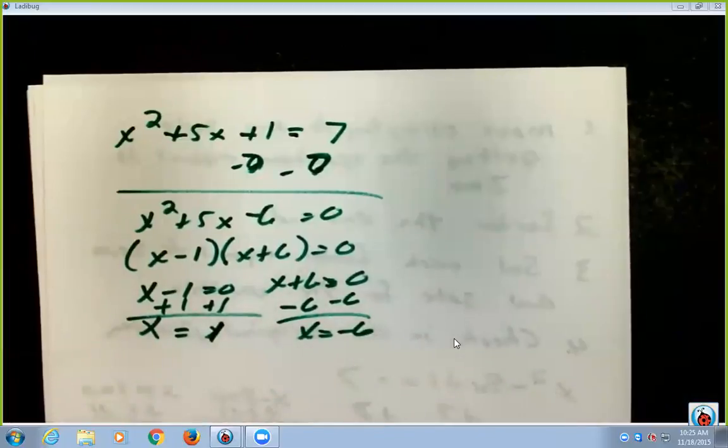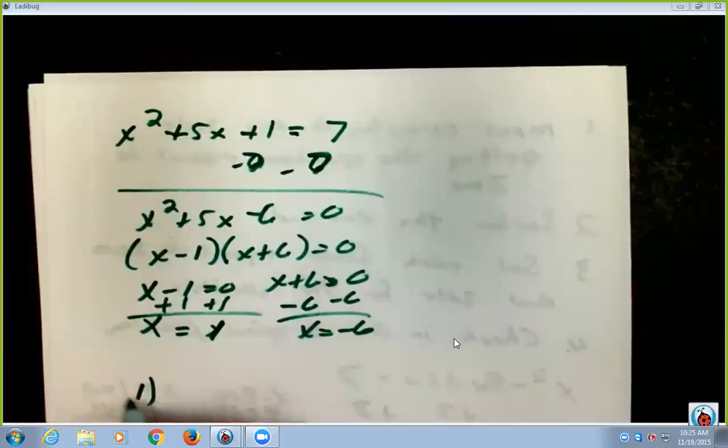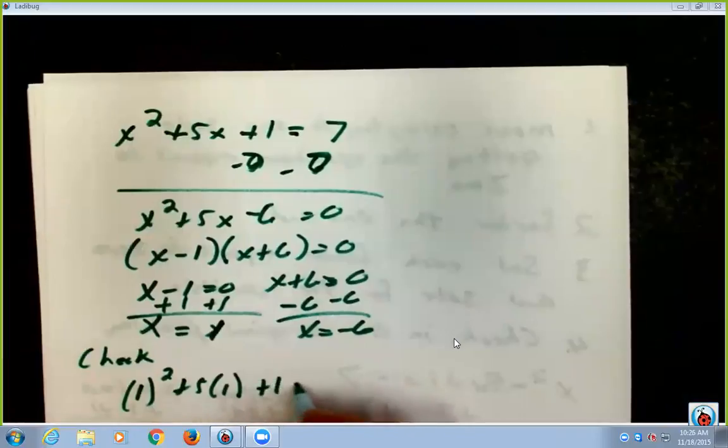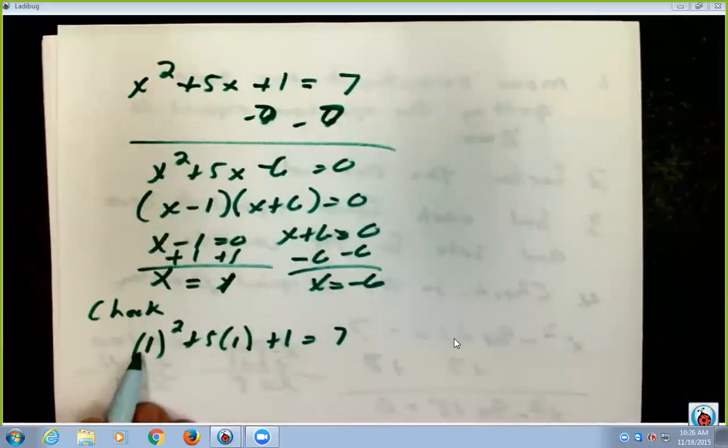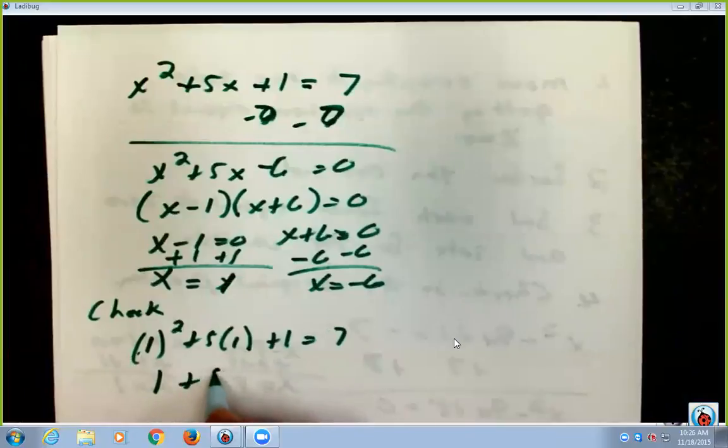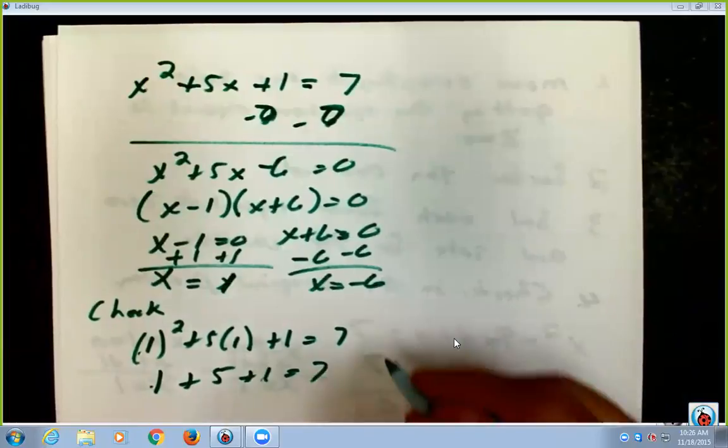And does it work? So 1 squared plus 5 times 1 plus 1, does it equal 7? 1 squared is 1. 5 times 1 is 5, plus 1 does end up being 7. 1 plus 5 is 6, plus 1 is 7, so we're good there.